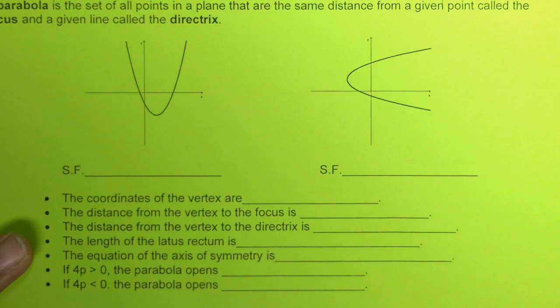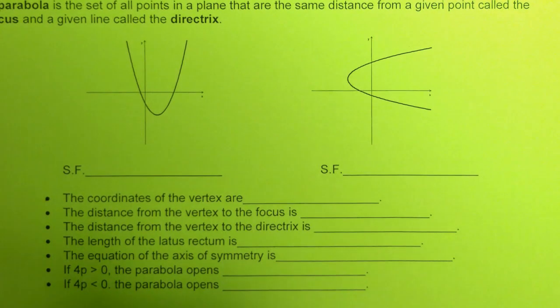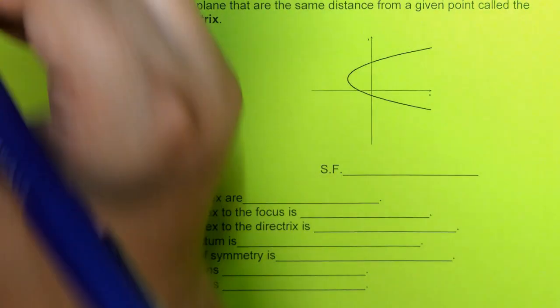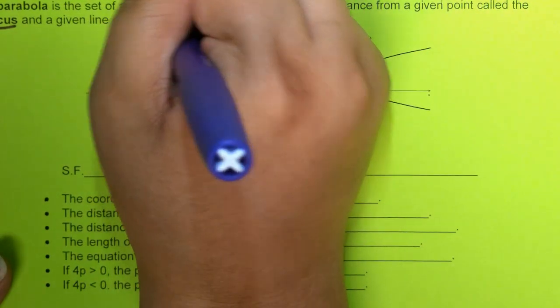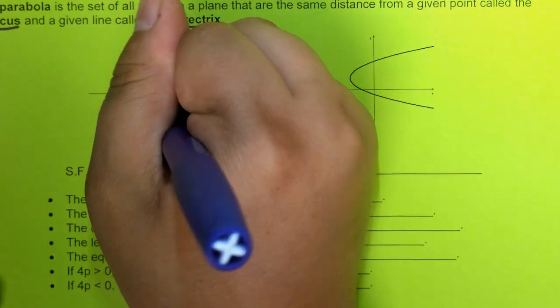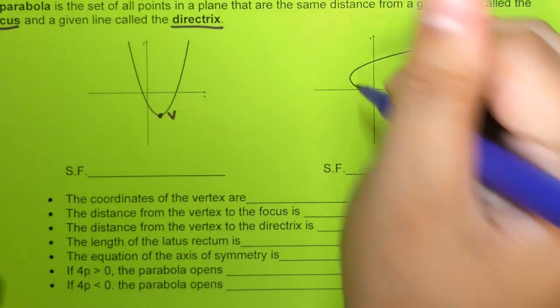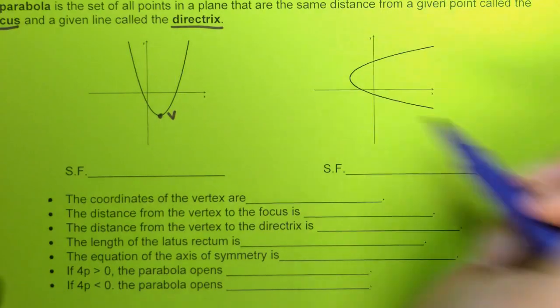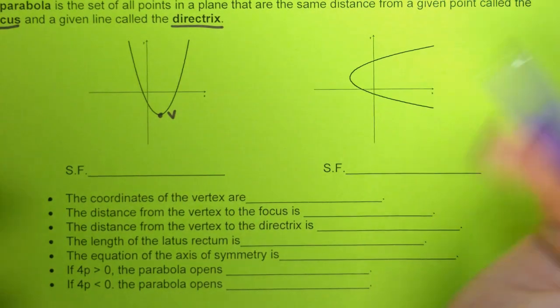Parabolas. A parabola is a set of all points in a plane that are the same distance from a given point, called the focus, and a given line, called the directrix. First of all, a parabola has a vertex. Do you agree the vertex is the highest or lowest, or most left and most right, depending on which way it goes?